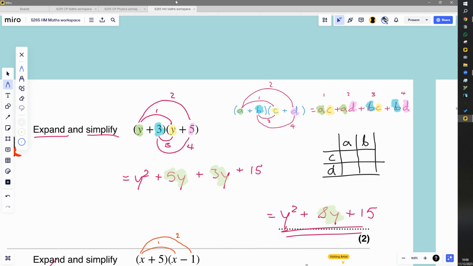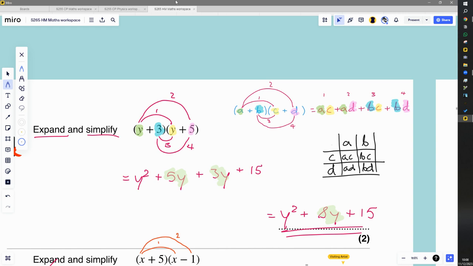This is our first term, then this is our second term, this is our third term, this is our fourth term. So you've got A times C, AC, A times D, AD, B times C, BC, and B times D, BD. I'm doing the same thing, it's just that I'm not putting it into a grid.